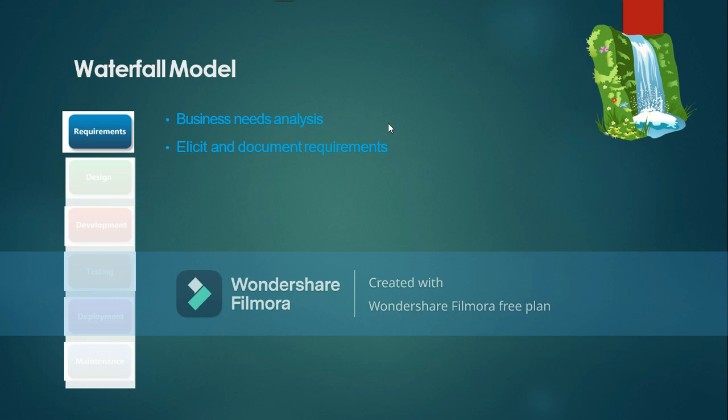So we analyze what it is that they are trying to achieve. And we elicit and document the requirements. Elicit as in we are trying to reach out to multiple groups of people or multiple teams to find out the requirement of that specific team, because there can be many teams involved in that process. So we need to talk to each one of them.